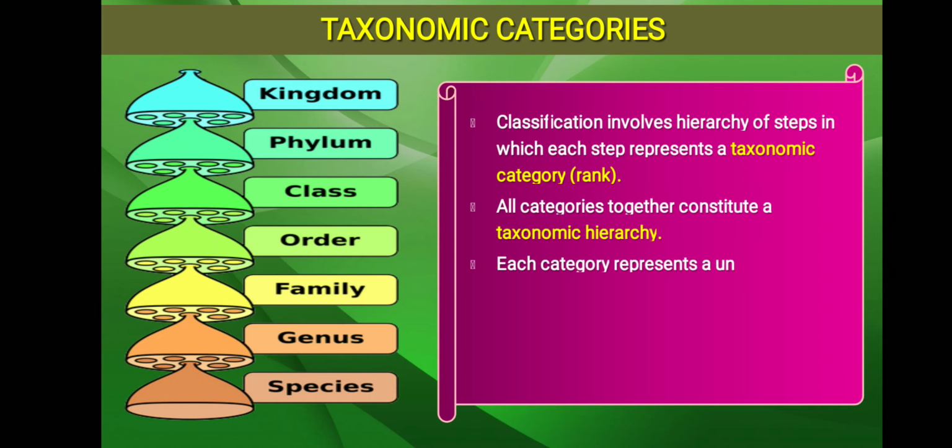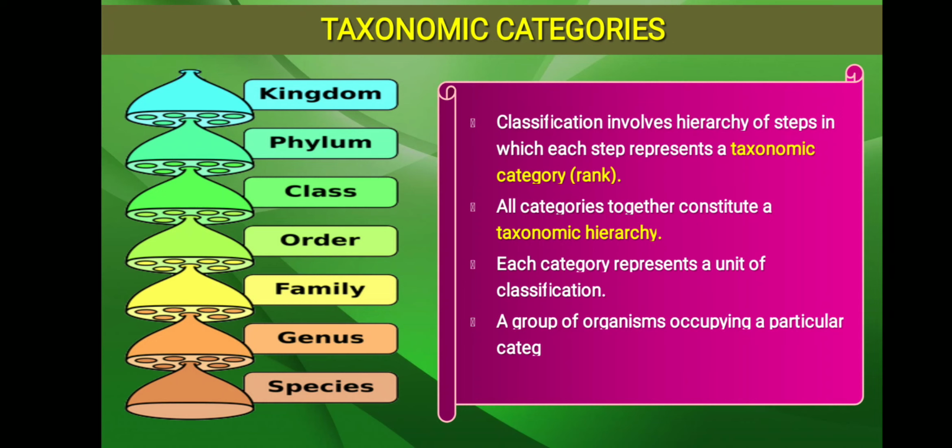Then the catalogs, what we have discussed in the taxonomical aids. And this completes the first chapter, that is, what is a living organism, classification and taxonomical aids are the three important concepts where you need to focus. So we will solve a few MCQs on this topic so that we will get perfect, students, in the next video.